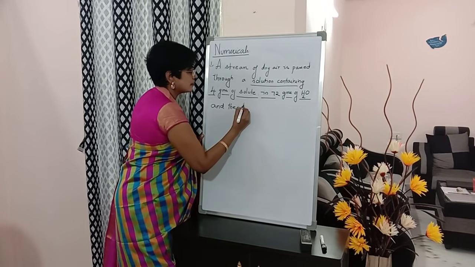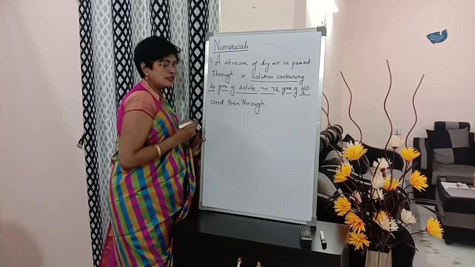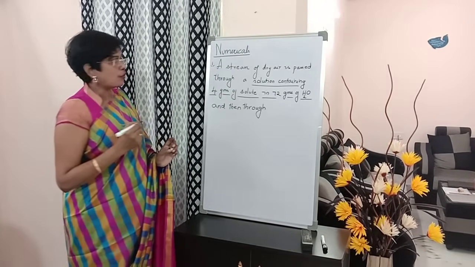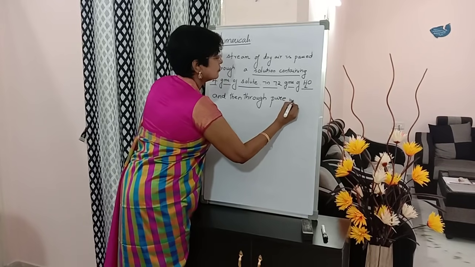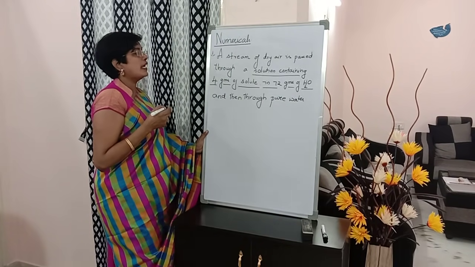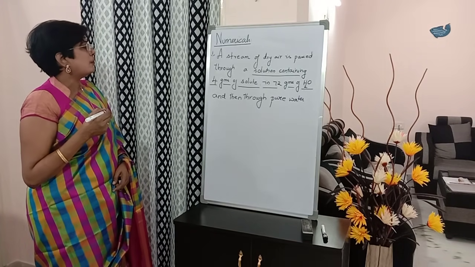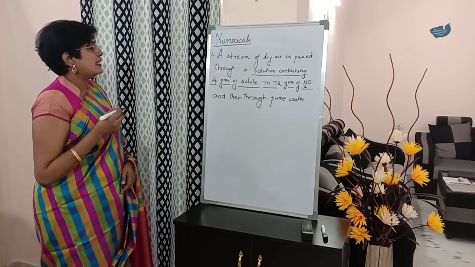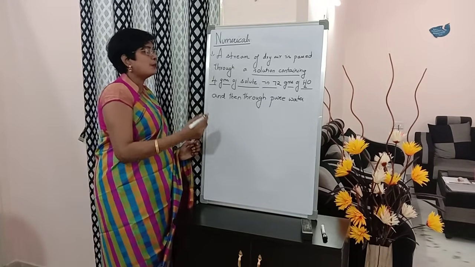And then through pure water. So a stream of dry air is passed through a solution containing 4 grams of solute in 72 grams of water and then through pure water.